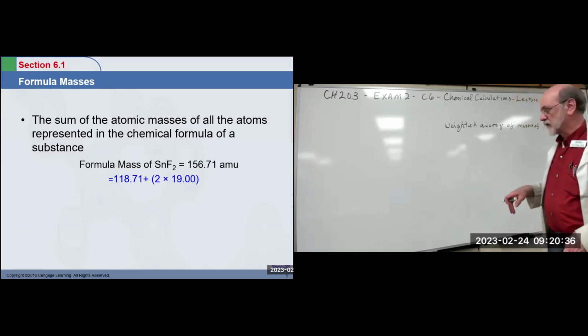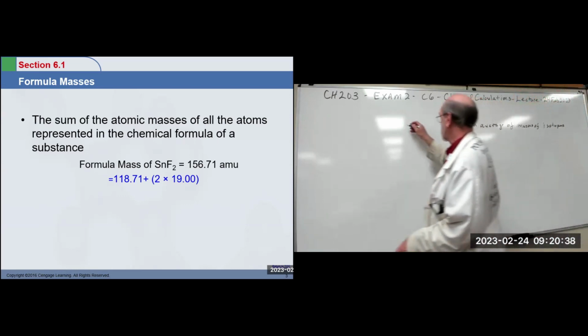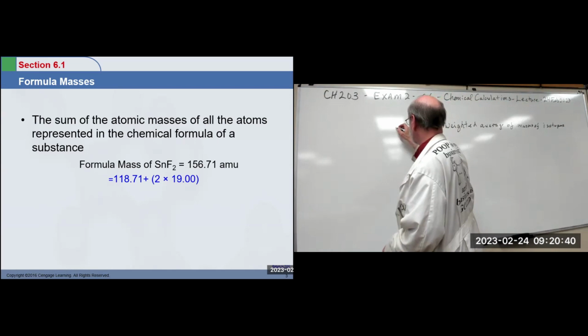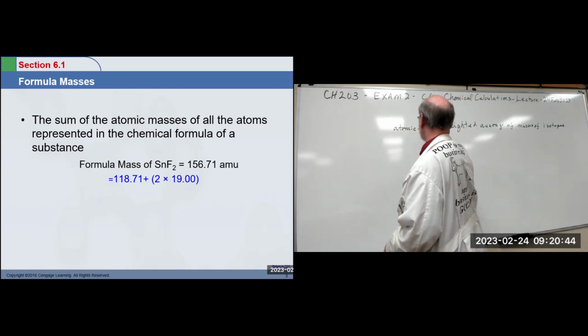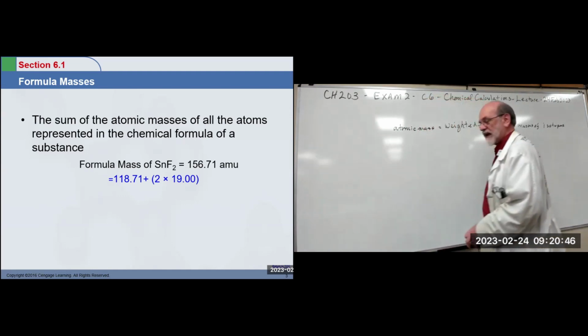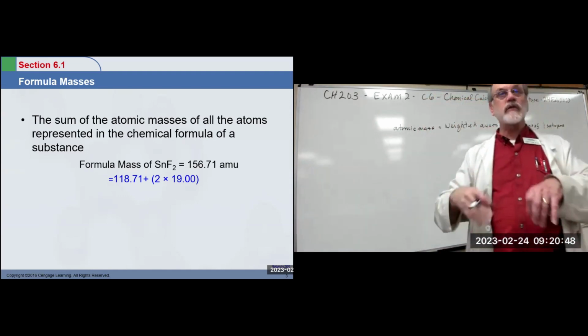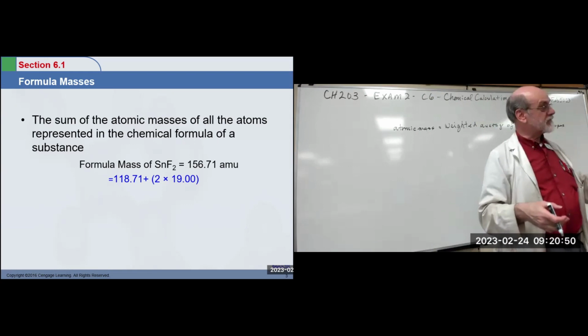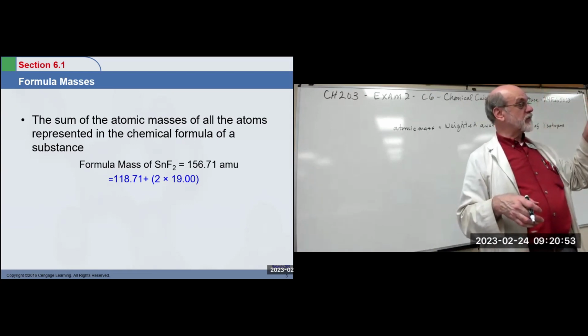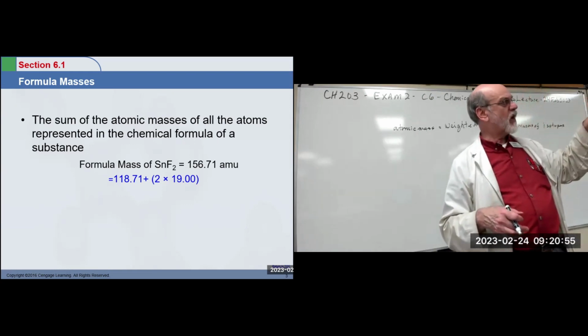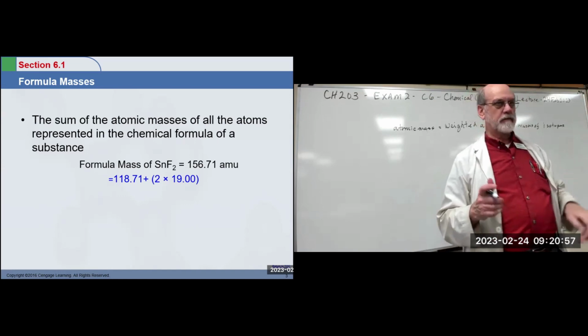Right, different numbers of neutrons, same number of protons. Okay. So if you take a weighted average, the atomic mass is the weighted average of all those isotopes in a naturally occurring sample. And that value will be one of those numbers in the periodic table up on the wall. It's in the upper left-hand corner.